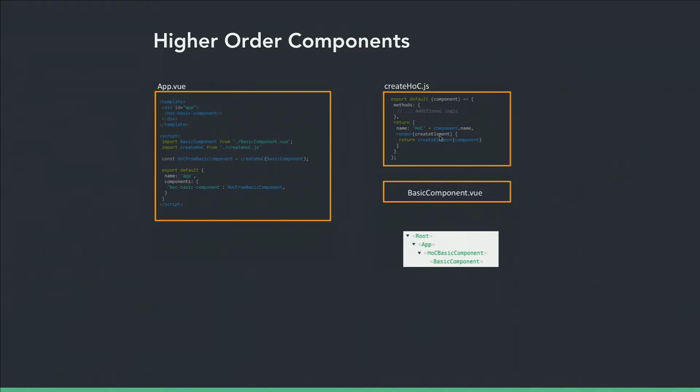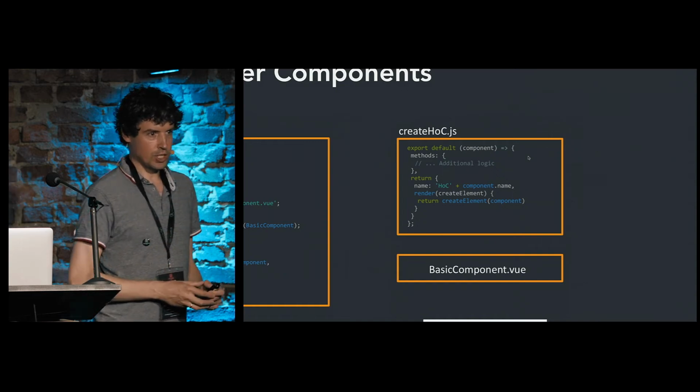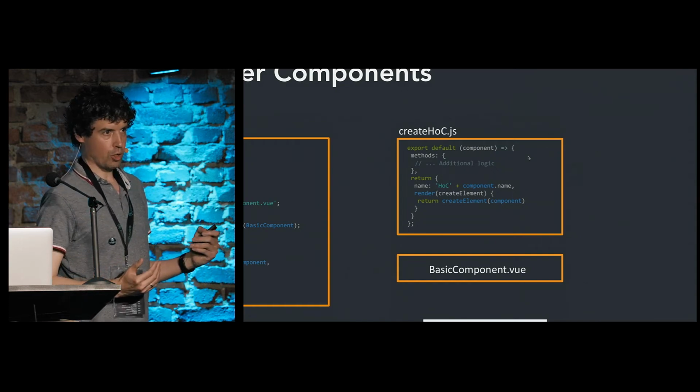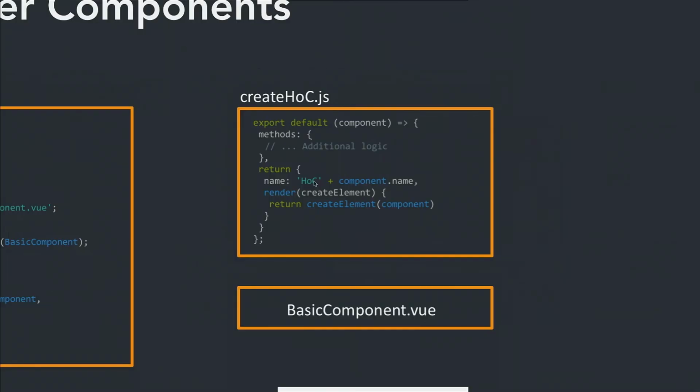When we have a look here at the right, we have a generator function which gets a component passed in, adds some additional logic, and then returns a new component. This is just a very basic example. We just render here the component we got, and in our lower part we have just a placeholder for a simple component which we would like to enhance with some additional component.